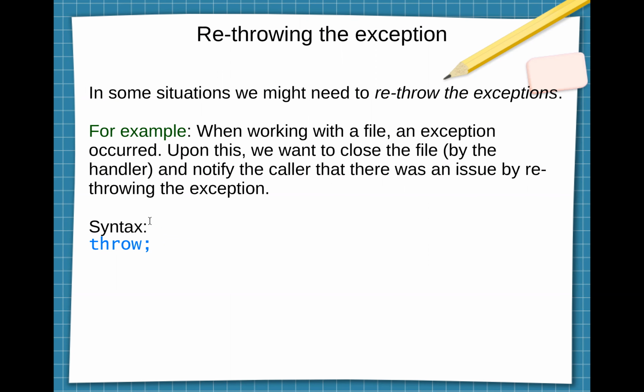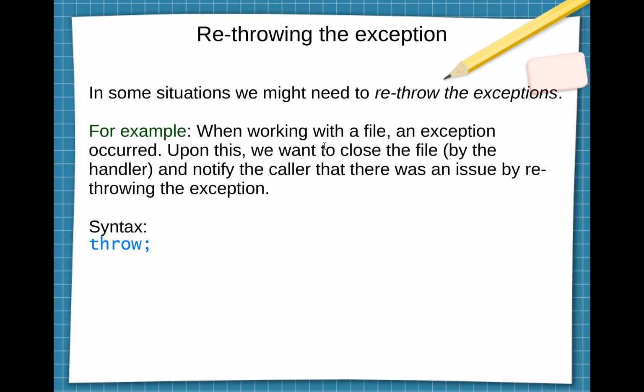Okay, so in some situations, and we have a very good example here, we need to rethrow the exception to the function that was calling from the outside. Here is an example. We are working with a file, and an exception occurred. Upon this, definitely we want to close the file by the handler, so the handler will be taking care of it. But we also want to notify the caller that there was an issue.